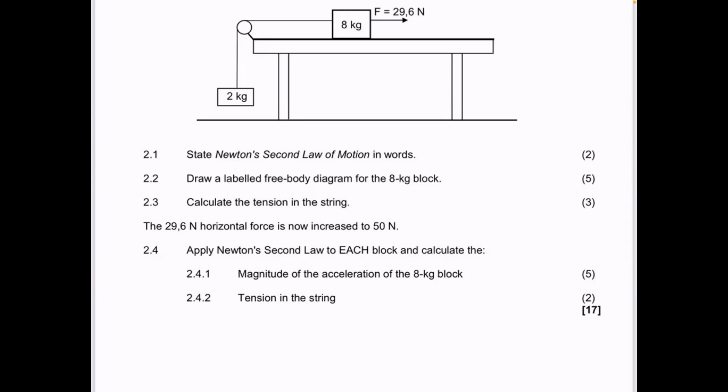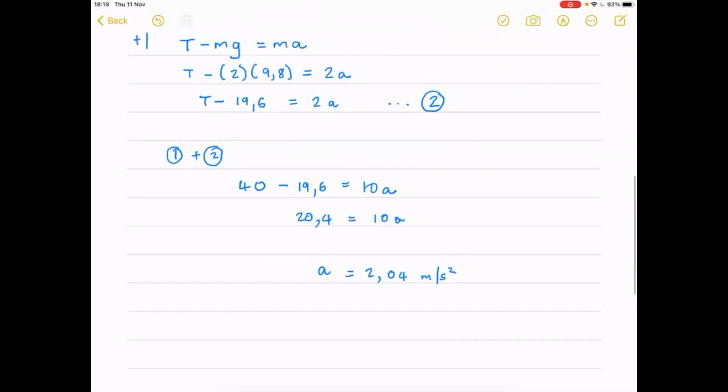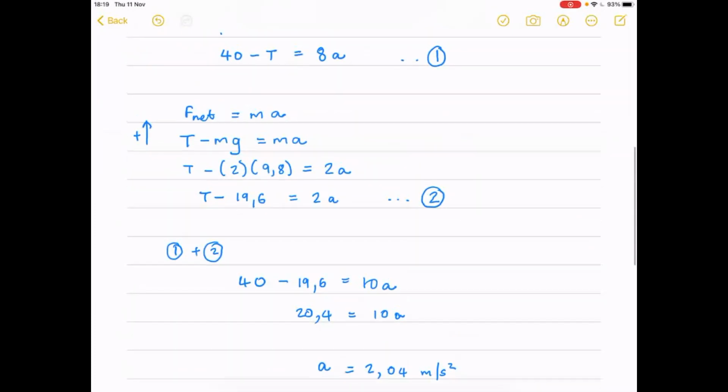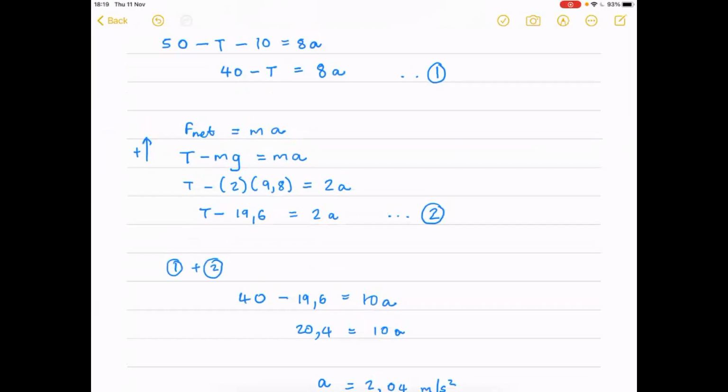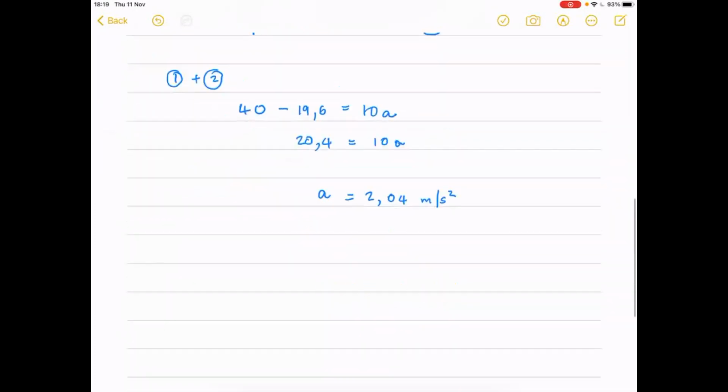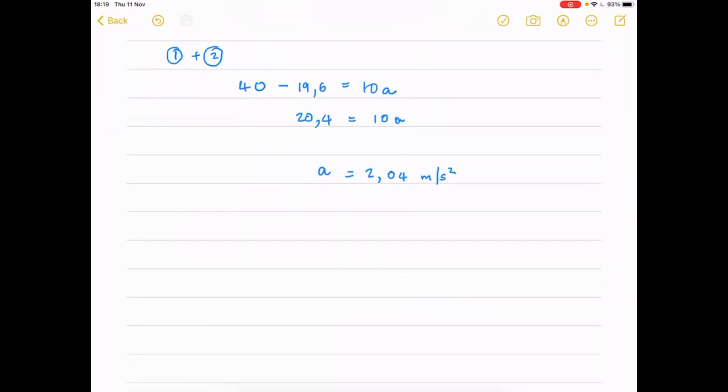And now we want to know, what is the tension in the string? You have equation 2 and you also have equation 1. So now all you have to do is substitute this value for acceleration into whichever equation you want. Both the equations are easy, so you could choose any one. We will just choose T is equal to 40 minus 8a.